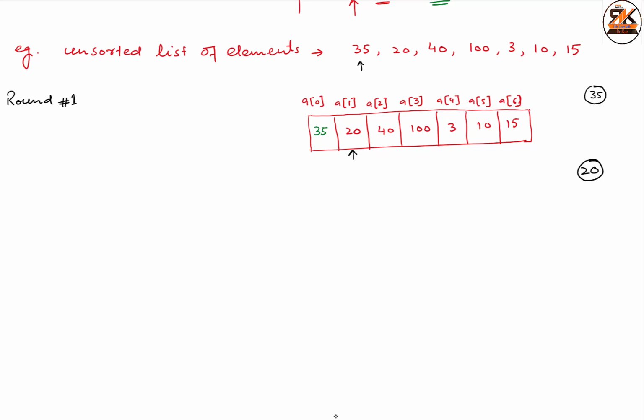So 20 will be inserted at position A0 and 35 will move ahead to position A1. So I'll write here, since A1 is less than A0, that is 20 is less than 35, in that case this algorithm says insert element A1 before A0, and after doing that we will get another list that is shown in round 2.